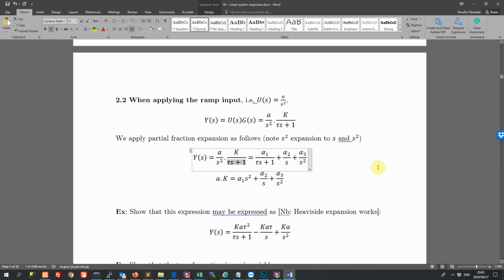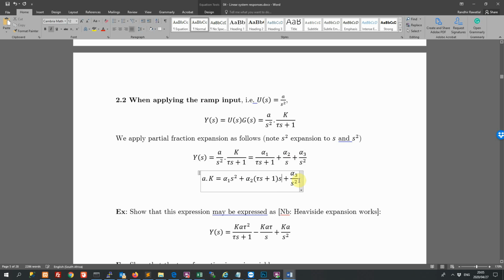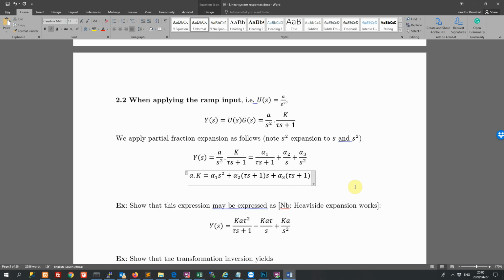So it's going to be alpha 2 times that times s. And that's there. And then alpha 3 is that. Not an extra s. Oops. Okay, so that's just a bit of algebra. We've just multiplied the left and right by s squared times tau s plus 1.